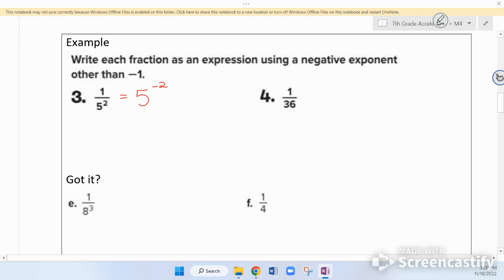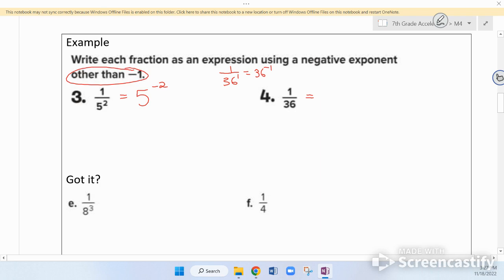Now this one, don't write this down, you might want to just go like this. We know it has a 1 next to it, so we could write it as 36 to the -1, but what's the problem there? It says other than -1. We can't use -1. So what do we have to do?